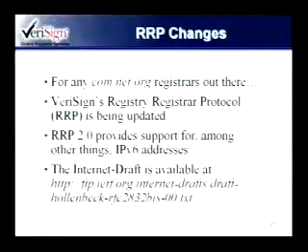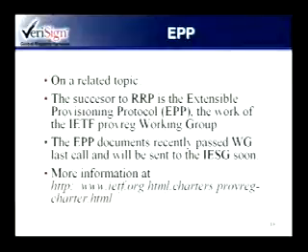This is probably of less interest, but if there are any ComNet.org registrars out there, the Registry Registrar Protocol is being updated. Just a few minor changes. One of them, for example, to support IPv6 addresses. We're going to rev the protocol, and there is a draft currently out there describing that. And then again, on that related topic, the successor to RRP is something called the Extensible Provisioning Protocol.